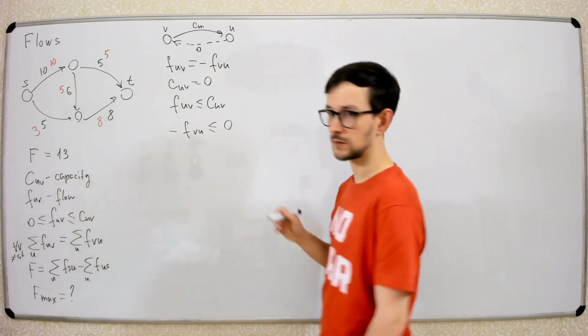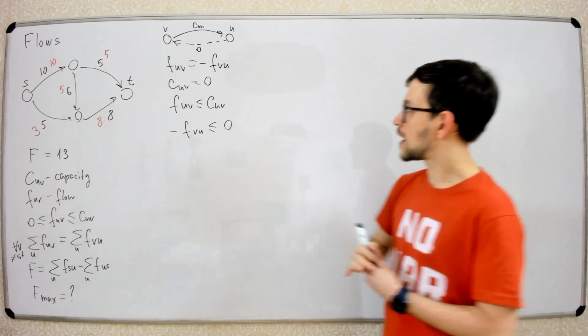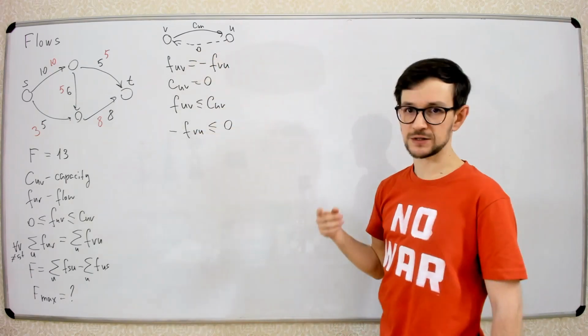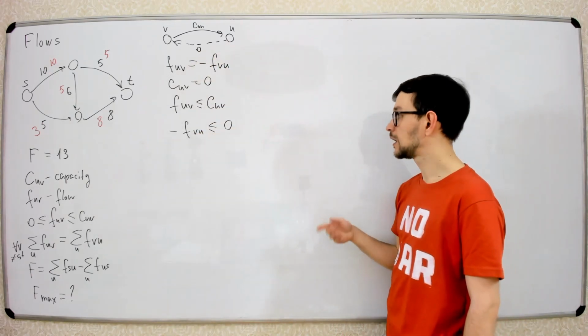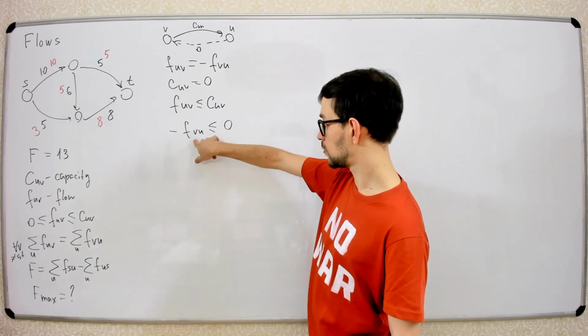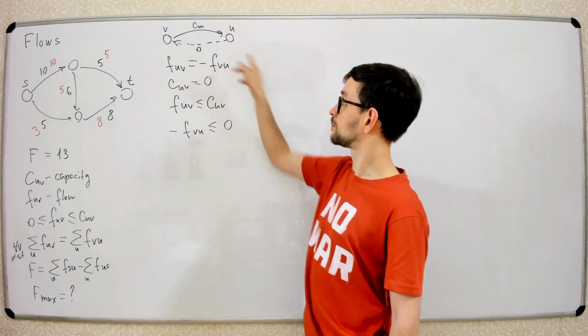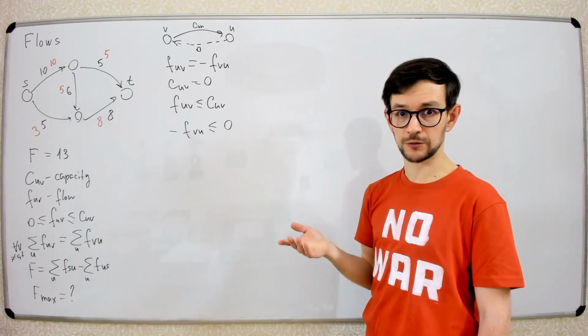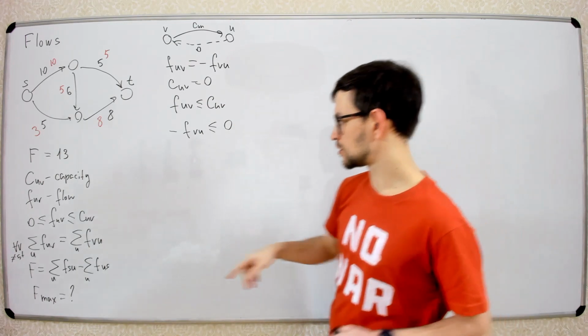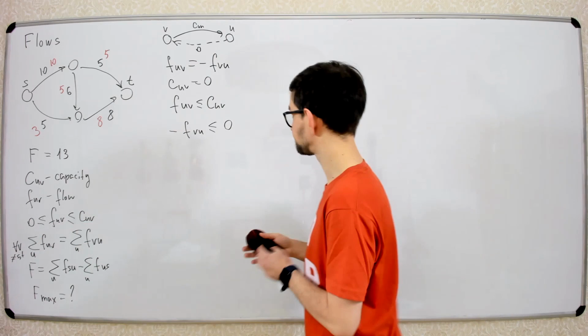Capacity is 0, so minus flow for this edge is not greater than 0. Now you just invert this inequality, and you have that the flow over the edge VU is greater than or equal to 0. So you don't need this equation actually.